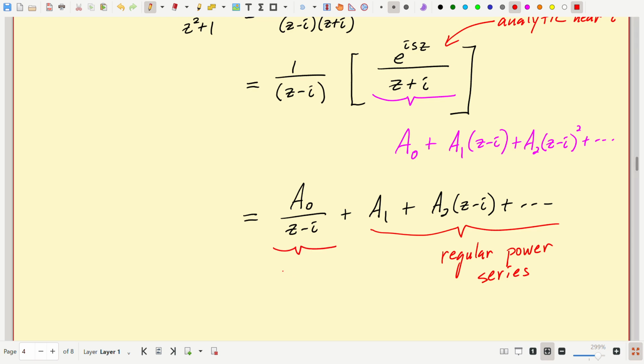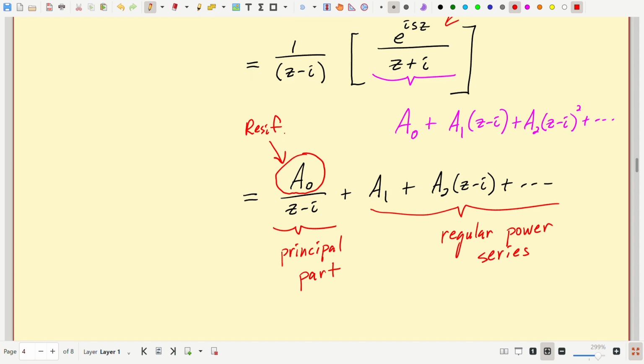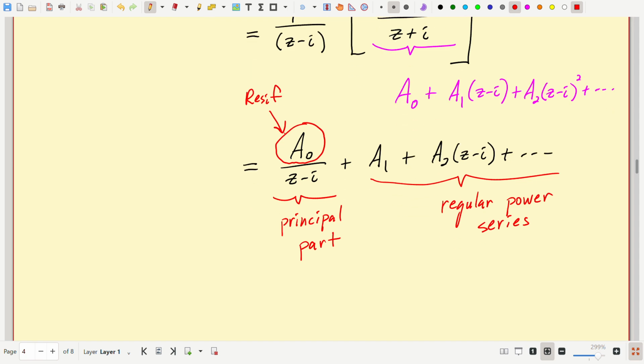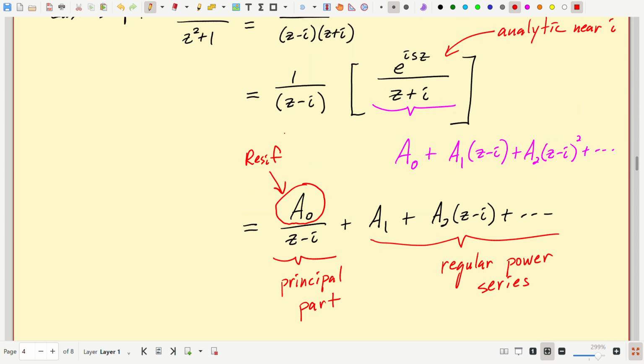It's the whole principal part. And in fact, it's only the residue term. Remember, the residue term is the coefficient in the negative power expansion, in the Laurent expansion. So that's the residue at i of f. I calculated it just by playing with power series, and that's the A naught term in a power series for that analytic function.